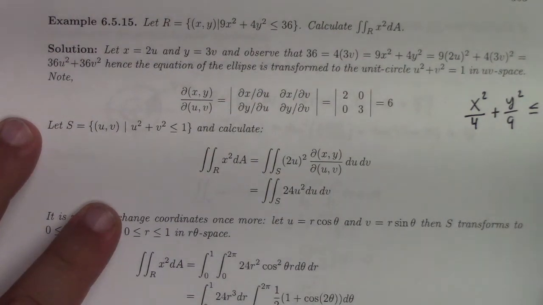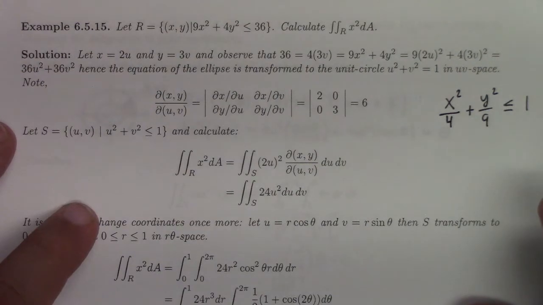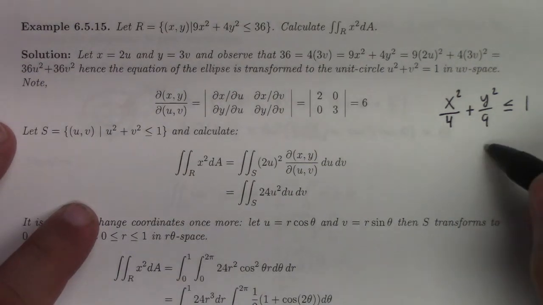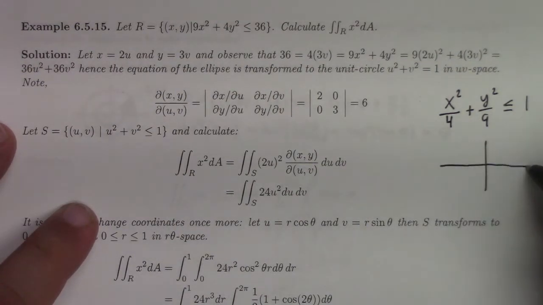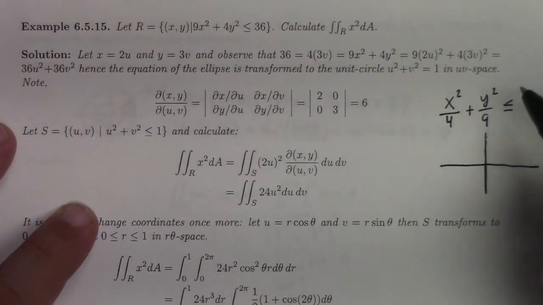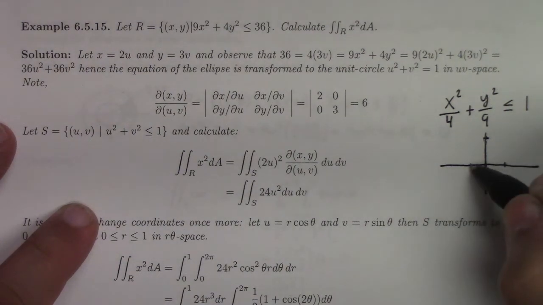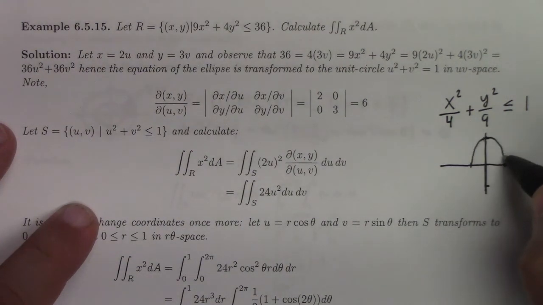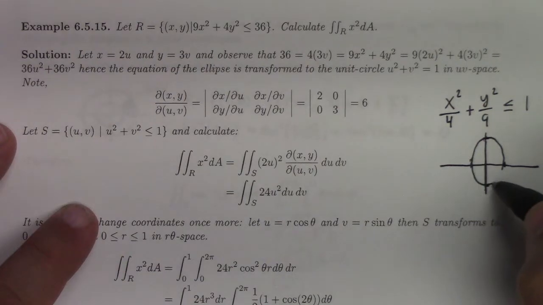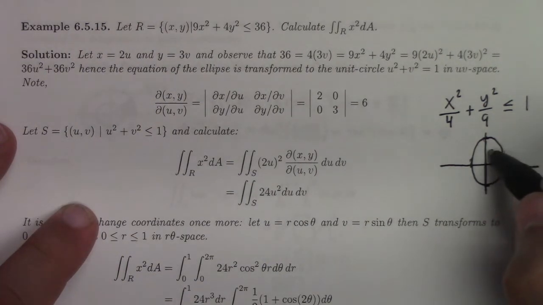You might recognize that as the equation of an ellipse at the equality, and thus what we're really looking at here is an elliptical region that goes from plus or minus 3 in the sense of y to plus or minus 2 in the sense of x. So it's an ellipse like this. We're integrating over this elliptical region. That's what's going on in this problem. This is the quote-unquote R, right?